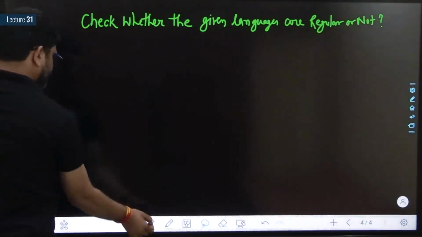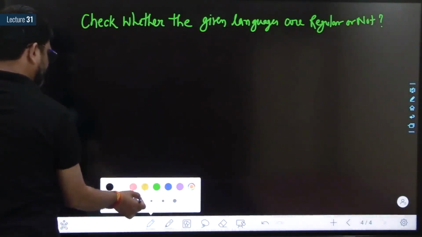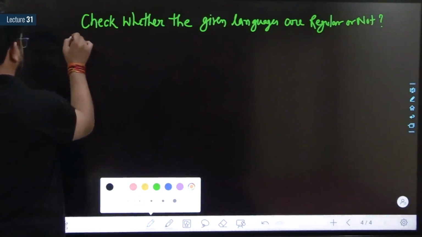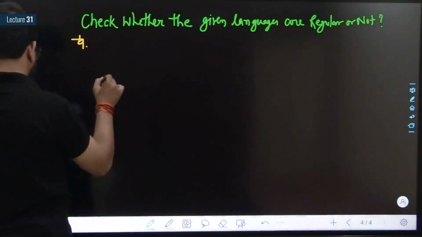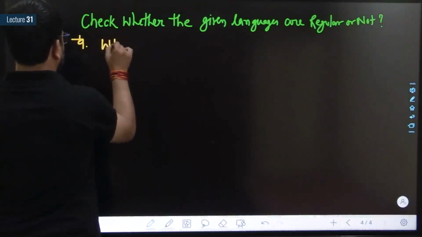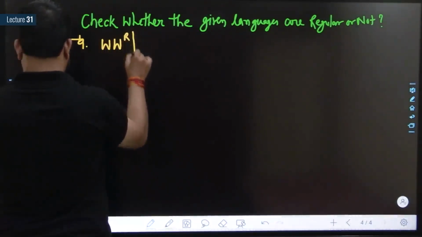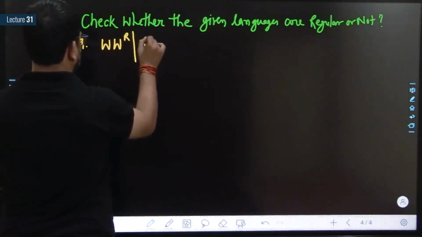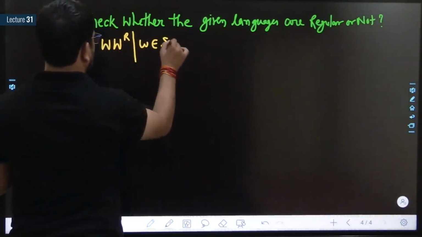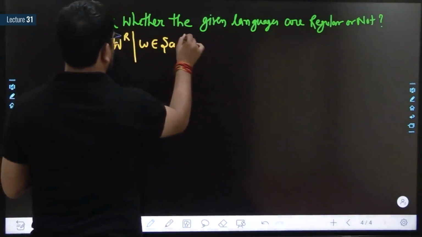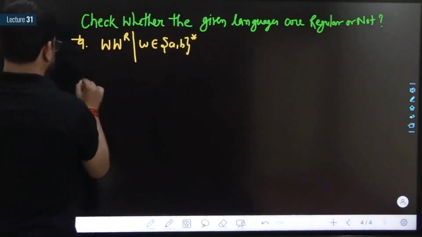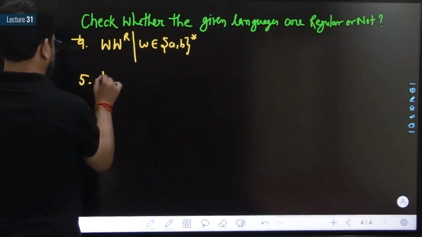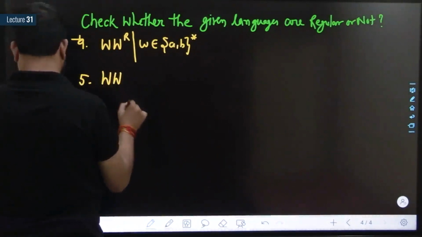Check whether the given language is regular or not. W to the power R such that W belongs to any number of A's and B's including epsilon.